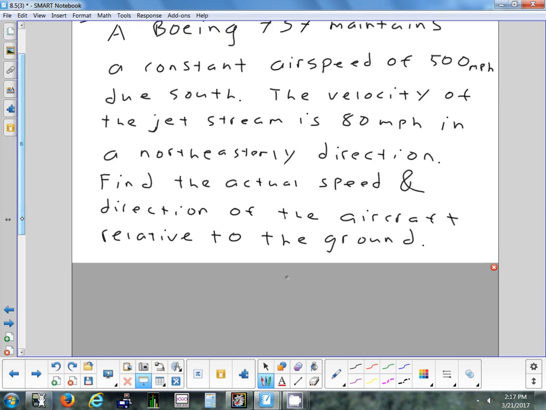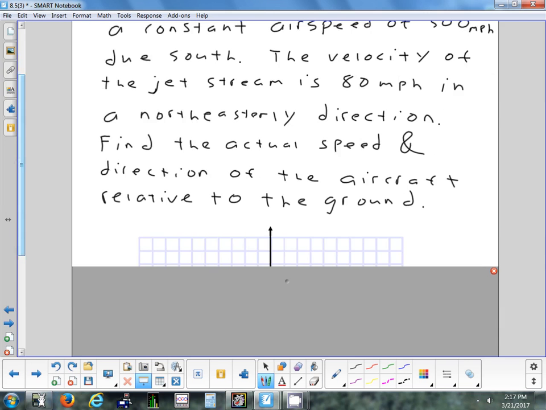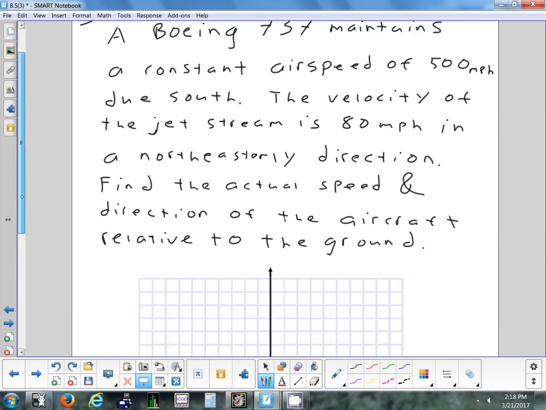Okay, so even though the airspeed might say 500 miles an hour, the pilot's really not going to be going that fast. They would have to go faster than that to compensate for the jet stream. Right? So let's see if we can figure this out. The first thing you really want to do with all of this is make a picture. Okay? There's going to be two things I'm going to start with in my picture.